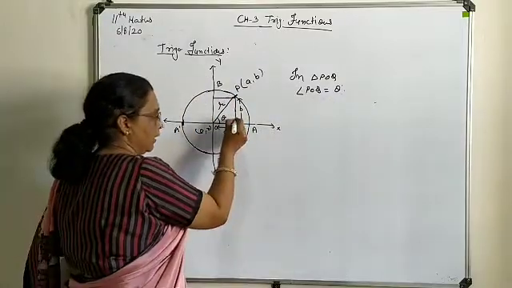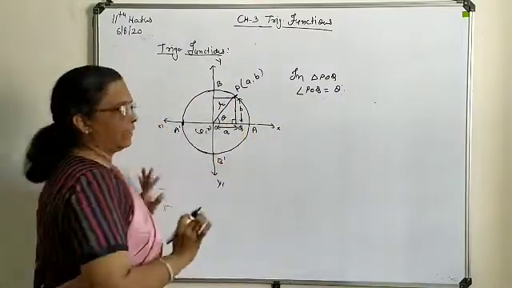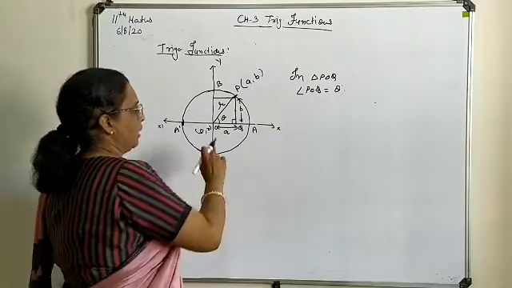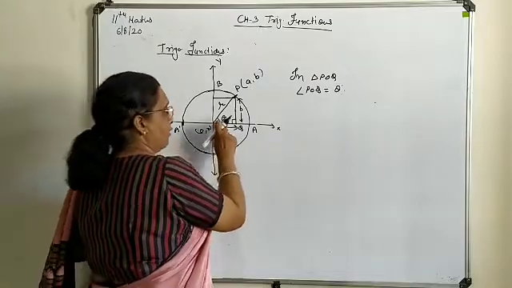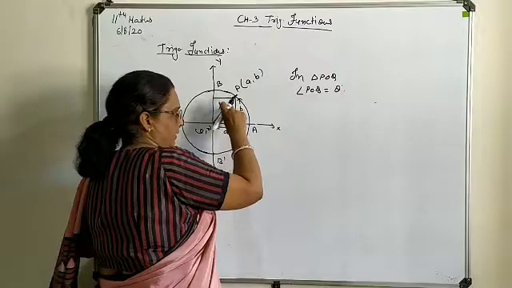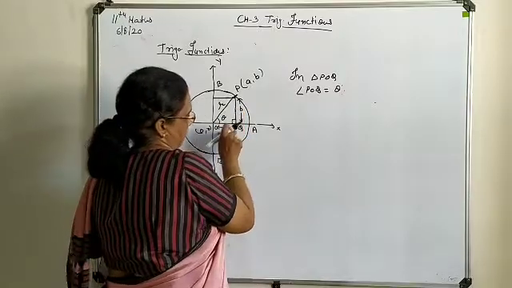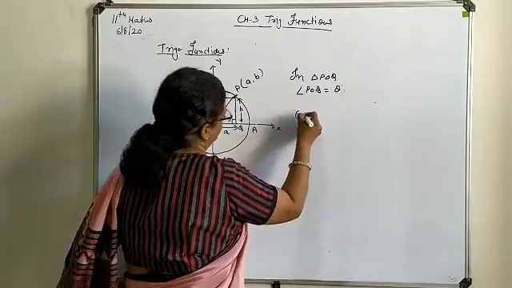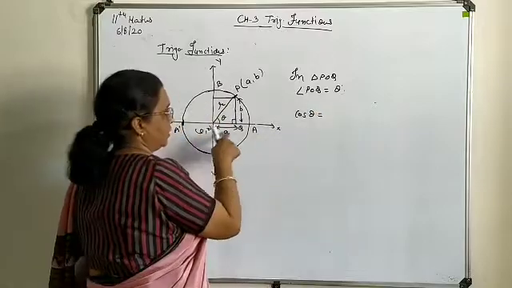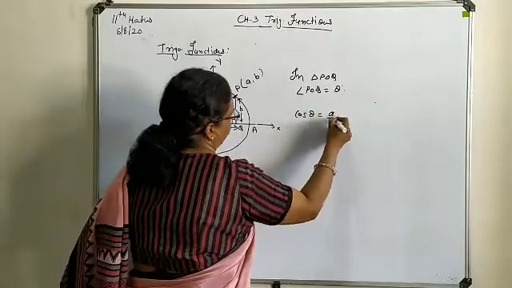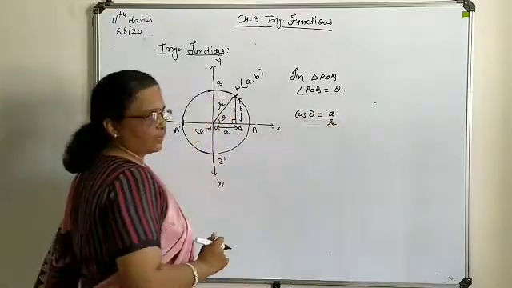Since 90 degrees is formed, trigonometry can be applied here. With respect to theta, this is the altitude and this is the base. So first we define cos theta: cos theta means A upon the hypotenuse, which is R.